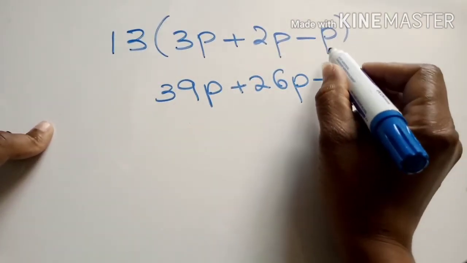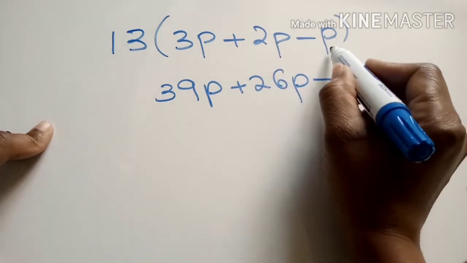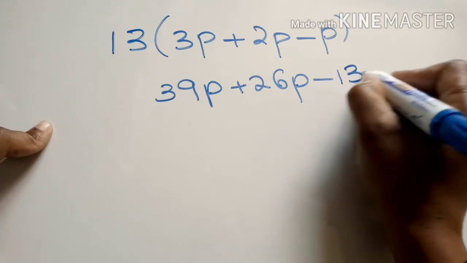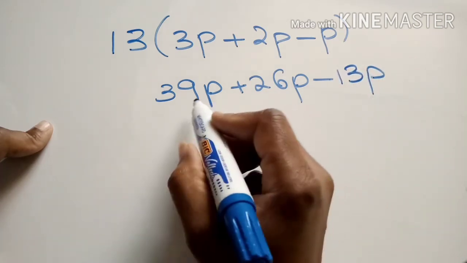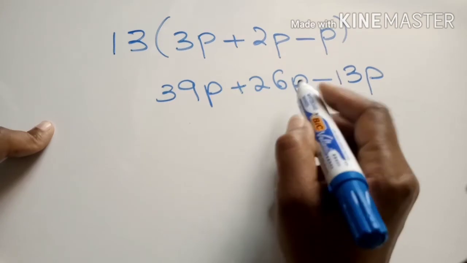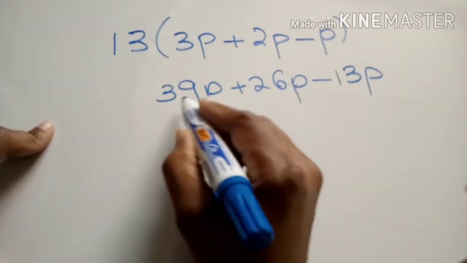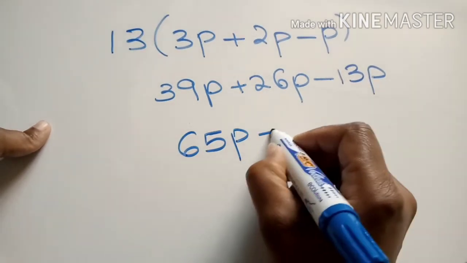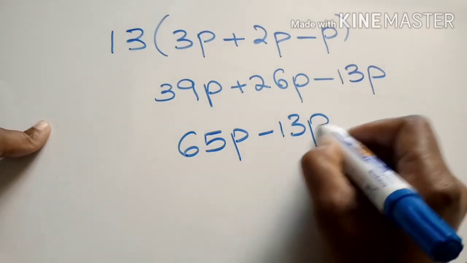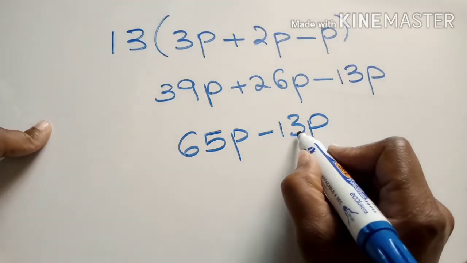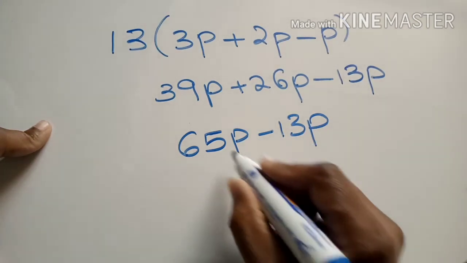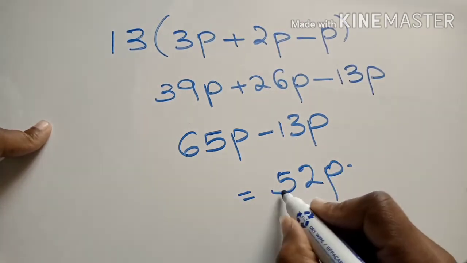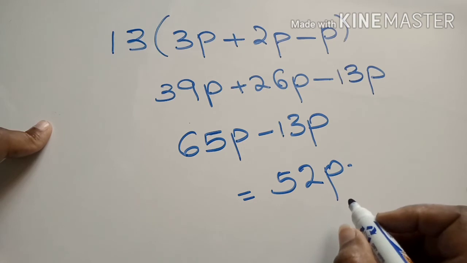And then take away 13 times p, it's the same as saying 13 times 1, p is 13p. So 39 plus 26, this is 65p, take away 13p. So 5 take away 3 is 2, and 6 take away 1 is 5. We have 52p as our answer.